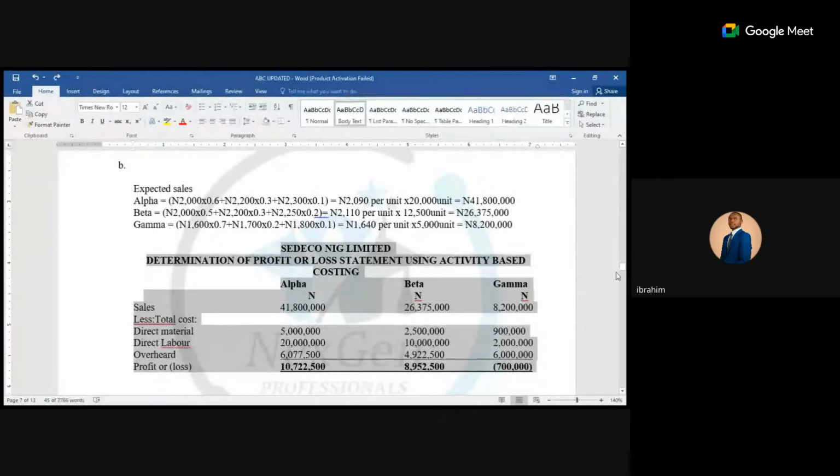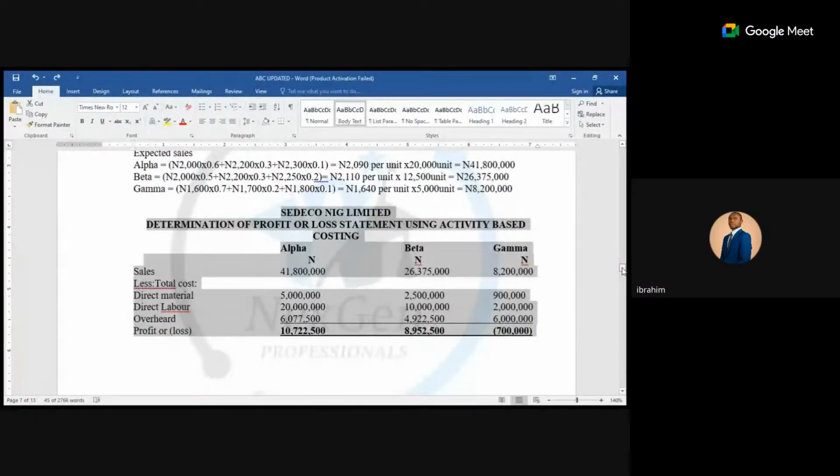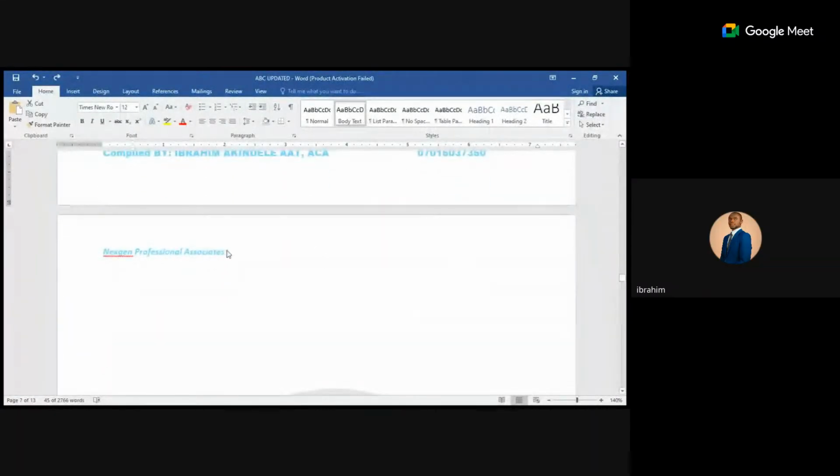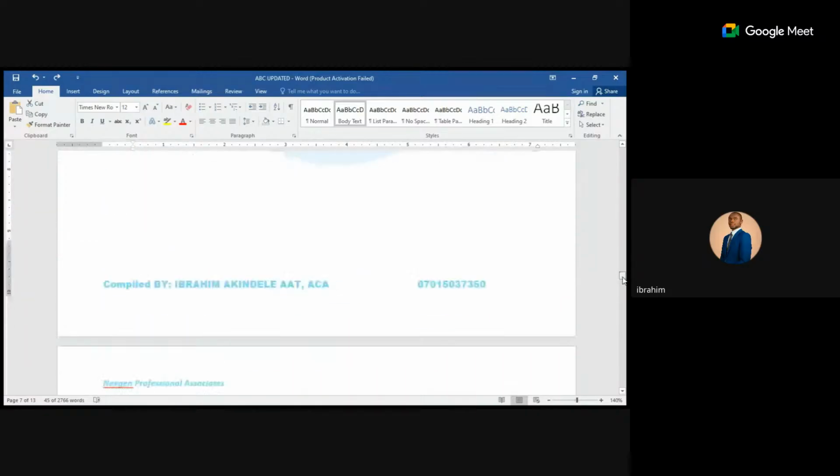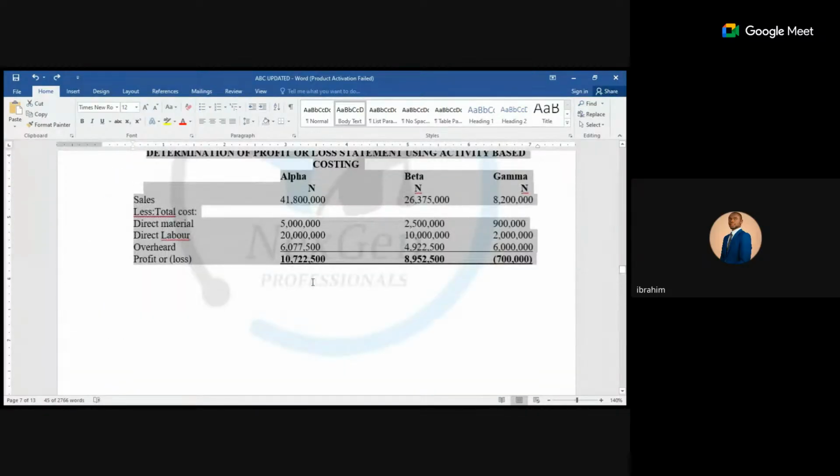I don't know what happened to my keyboard. Right. Then it's fine. Let me do it here.